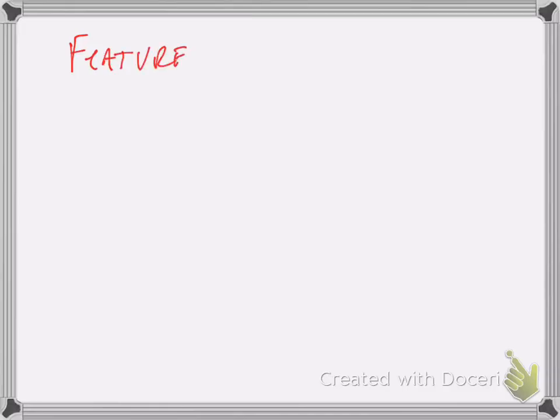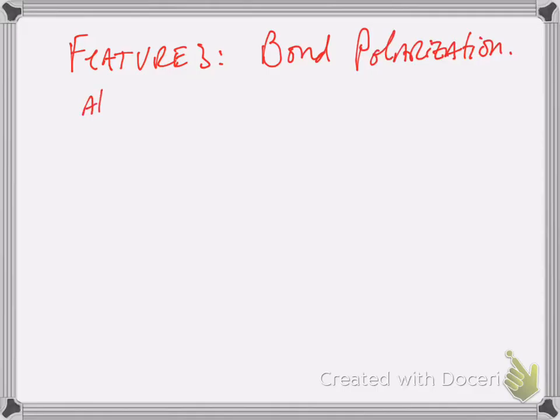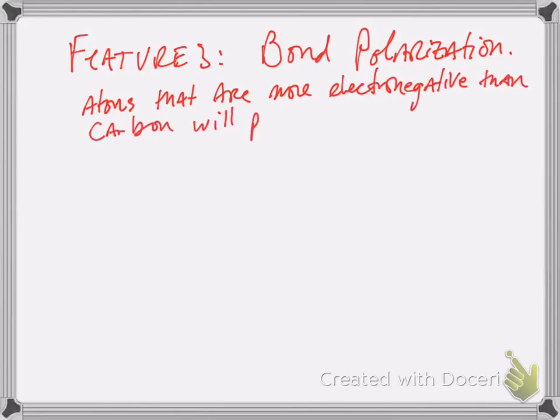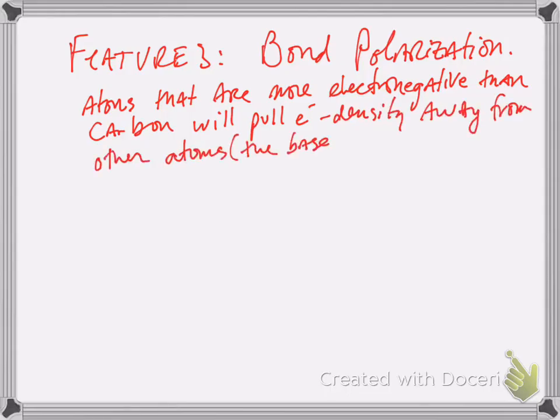Okay, and then feature 3 is bond polarization. These are atoms that are attached to the carbon that is attached to the basic or acidic center. If there are atoms that are more electronegative than carbon, there will be a pull of electron density away from the atoms near the base center or acidic center.